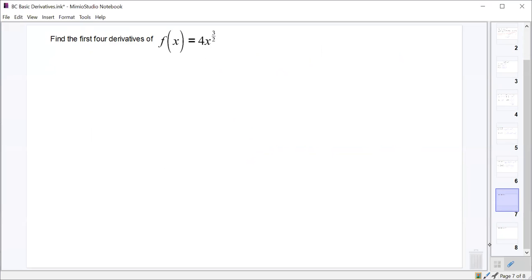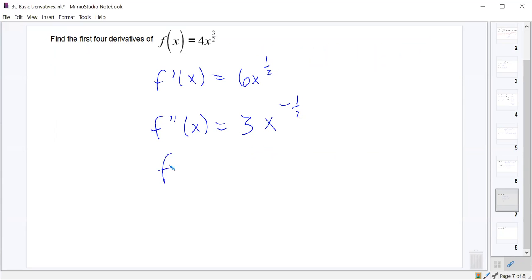What are the first 4 derivatives? Just so we remember our notations. We have f of x. The first derivative is f prime of x, which is 6x to the 1/2. Second derivative, f double prime, should be 3x to the negative 1/2. Third derivative, we still write the 3 primes.